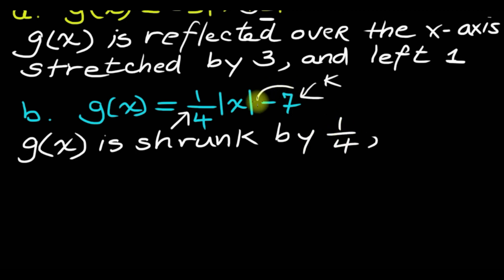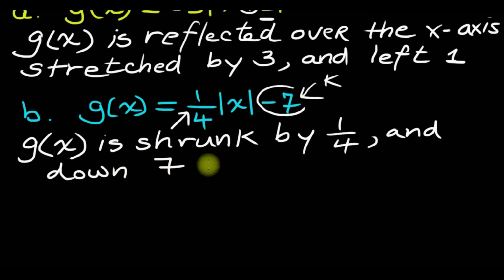What about this k? Minus 7. So we would say it goes down 7 units. Okay, and that's how you compare it. Let's go on to the next one.